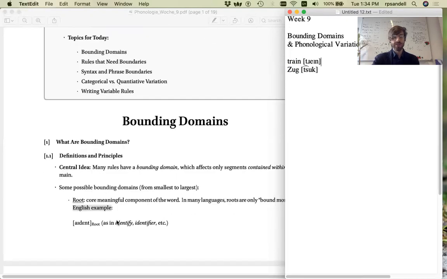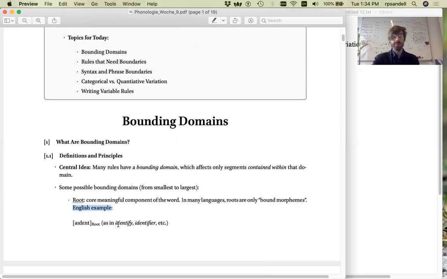Some words of English, in particular in both English and German, the Latinate lexicon, words that have been borrowed from Latin or ancient Greek, may contain lots of roots which only occur inside other more morphologically complex words. So for instance, the English root ident, as in the verb identify, or the noun identifier, would be such a root that can't stand on its own as an independent word.